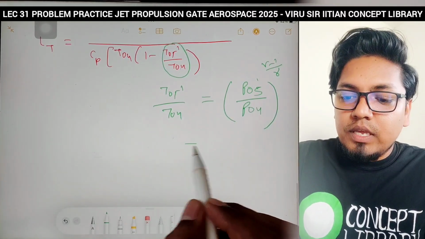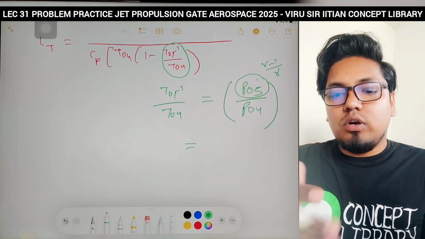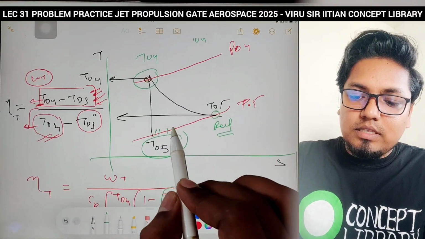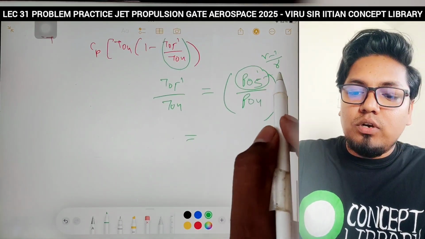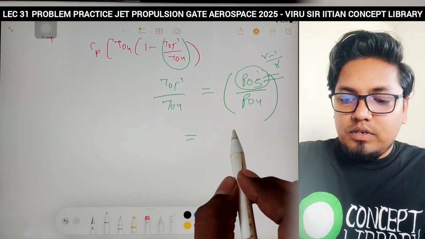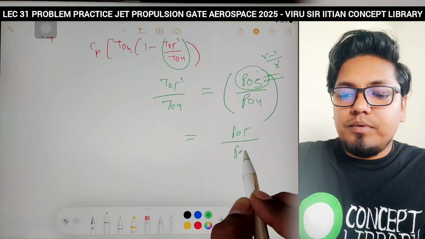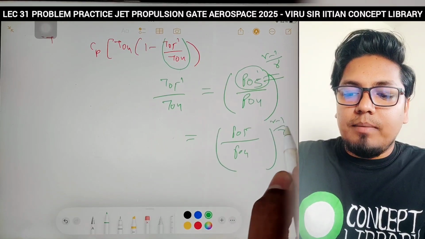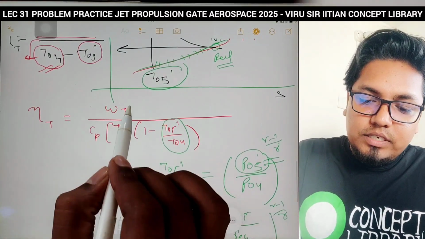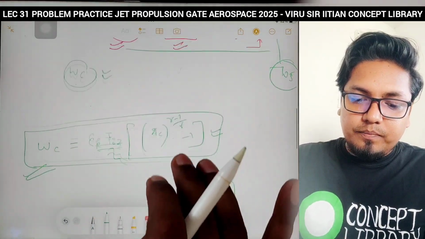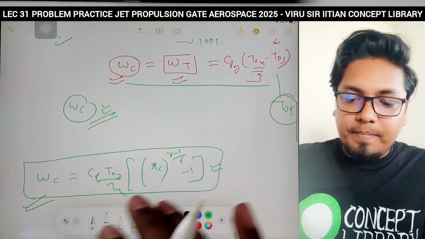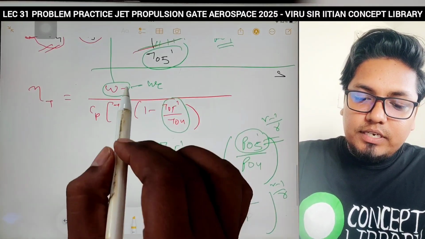And this P05 dash is nothing but P05, because this is an isobaric line, so all the points give the same value. So P05 dash you can write as P05. So P05 divided by P04, whole power gamma minus 1 by gamma. Now the point is, this W turbine is nothing but W compressor, and here you have got W compressor, correct? So this data is known to you.